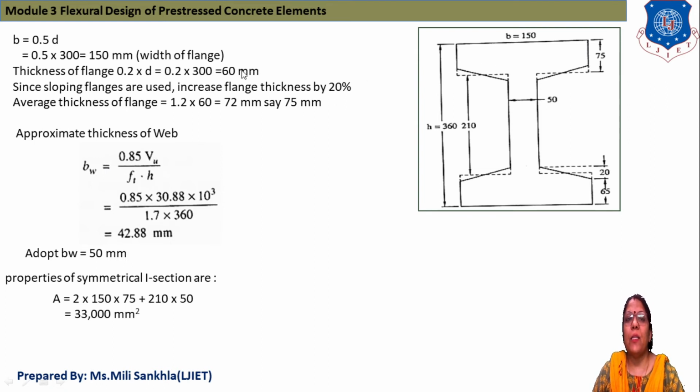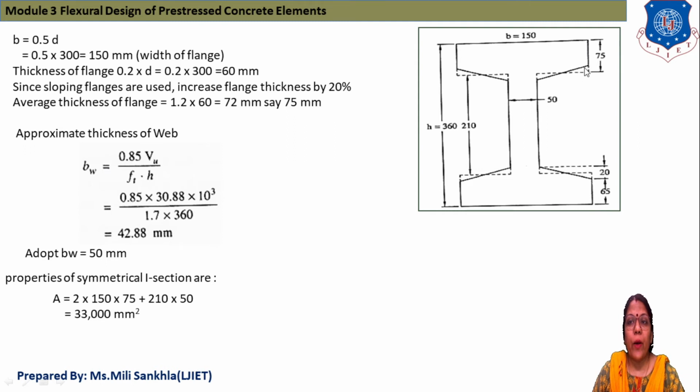We assume 60 mm. Since sloping flanges are used, we increase flange thickness by 20%, so average thickness of flange is equal to 1.2 into 60, that is 72 mm, or we can take 75 also.